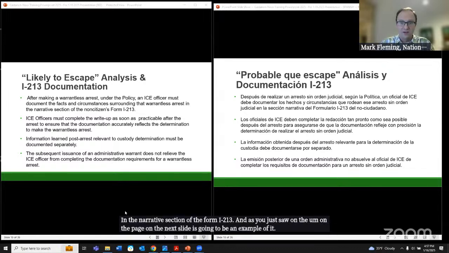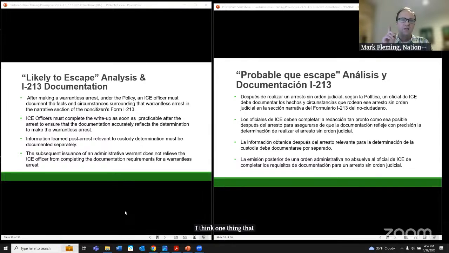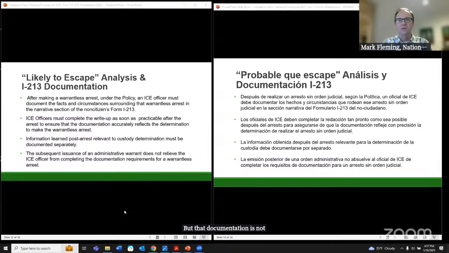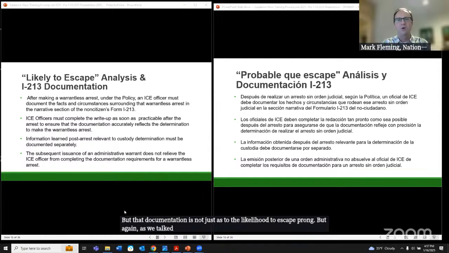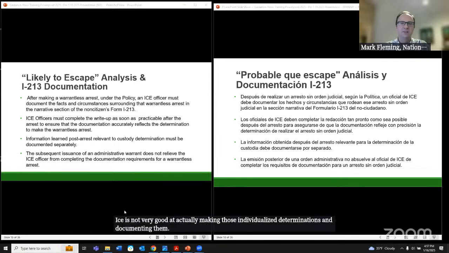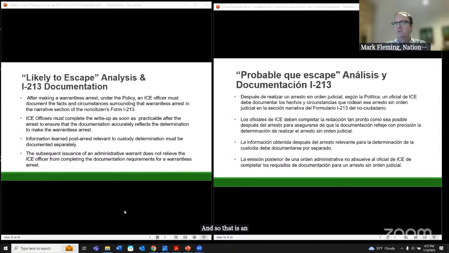I think one thing that is very important to keep in mind as we monitor for this, and this is more going to be a responsibility on our end, is that documentation is not just as to the likelihood to escape prong, but again, as we talked about, they need to have probable cause that the individual is a non-citizen and removable. And at least in our experience, ICE is not very good at actually making those individualized determinations and documenting them. And so that is an aspect of this that we will be looking closely at.